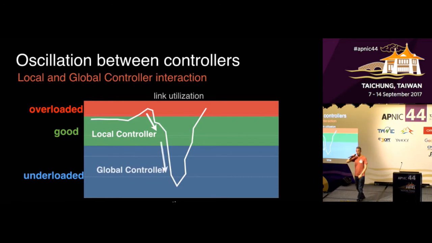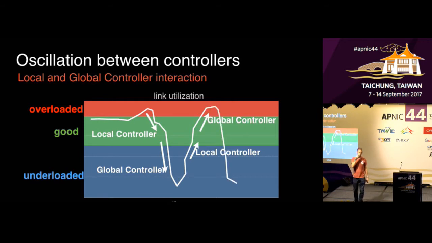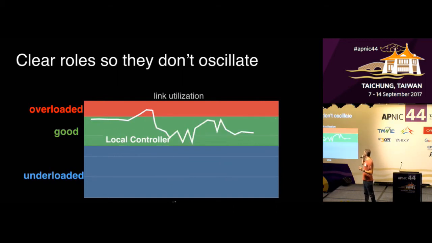So then that link is completely empty. Again, same thing, the local controller reacts, traffic is back on the link, all is good. And then the global controller reacts a while later and the link is overloaded again. And you end up doing that back and forth all the time. That's really not what you want to see. So how do we solve that? Well, we started to completely separate those layers and make sure that the local controller really is only locally responsive and takes care of that traffic, and the global controller does not interfere in this.